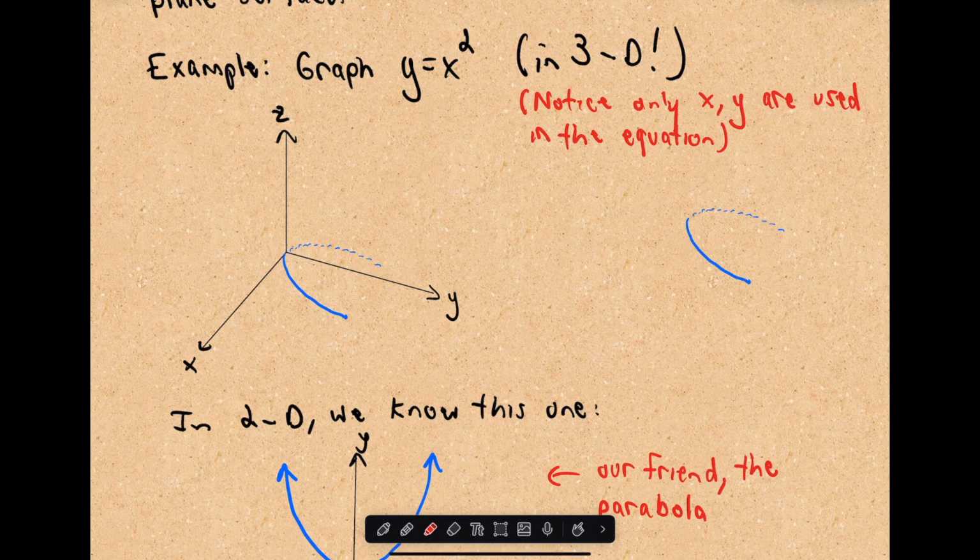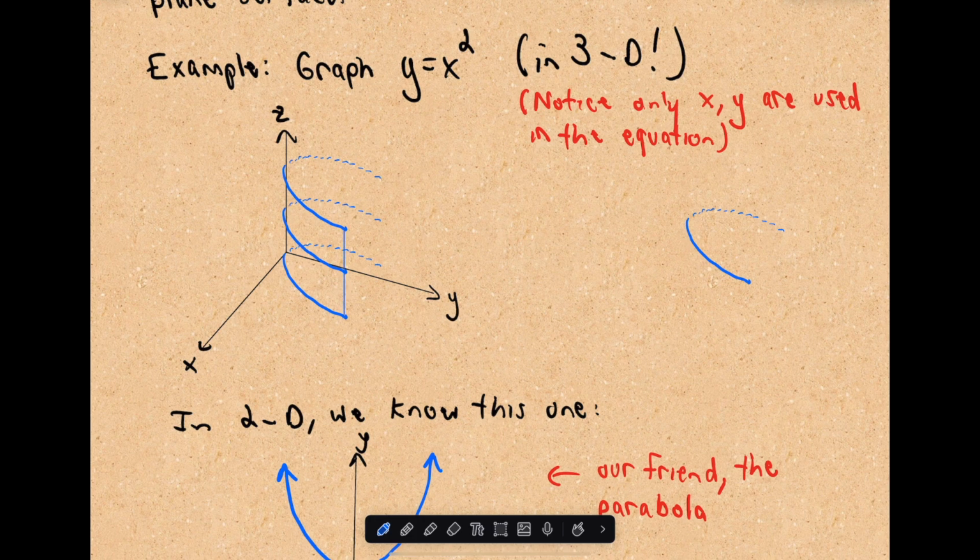And the idea is, if I were to take a horizontal slice, I'm going to keep getting the same shape repeated. So I can just move this shape along the z-axis, and then I could play connect the dots.